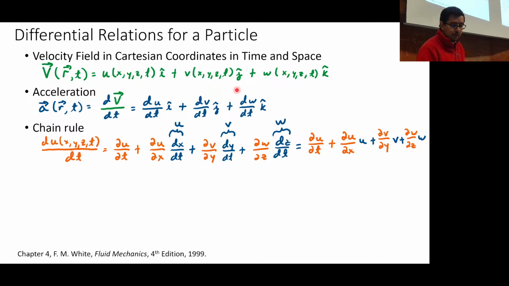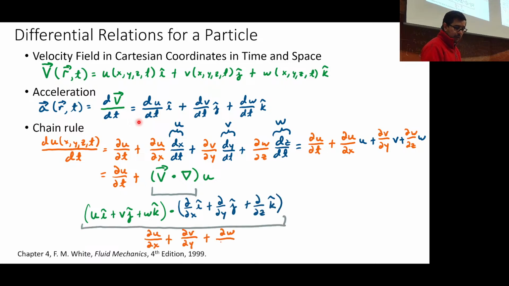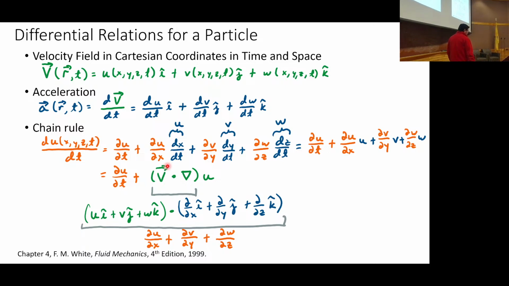And then now we have a new way of writing each one of these components. And we can write out this divergence operator, okay, or the v dotted with the gradient operator, as we see here.